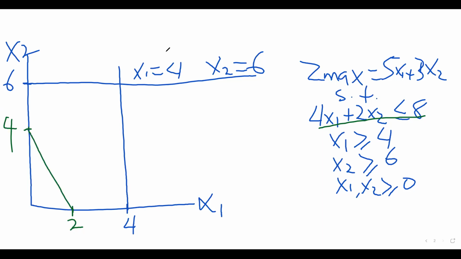The problem is that this constraint, 4x1 plus 2x2 less or equal to 8, and let's just keep it as equal to 8, is not intersecting any other constraint. That makes it a problem.